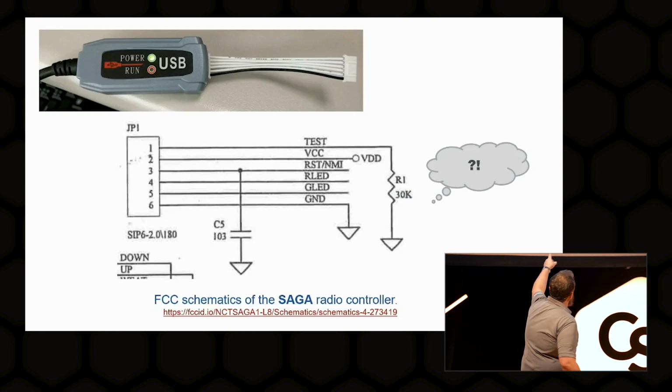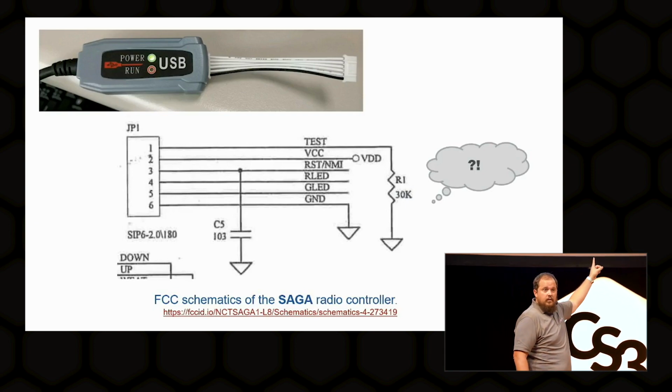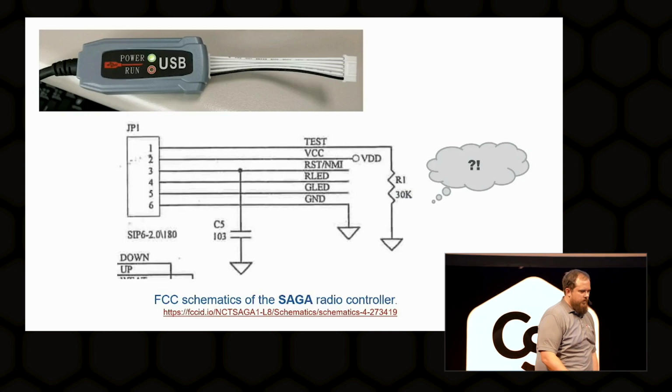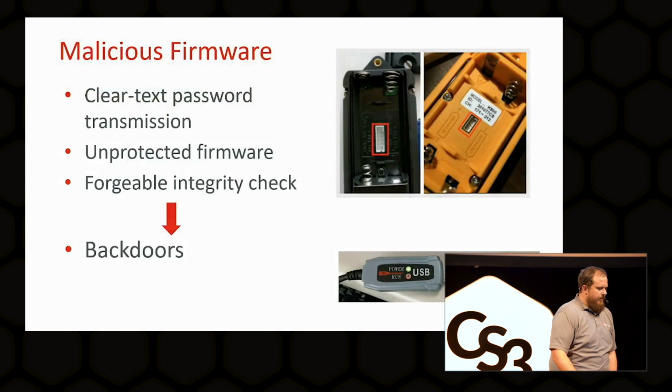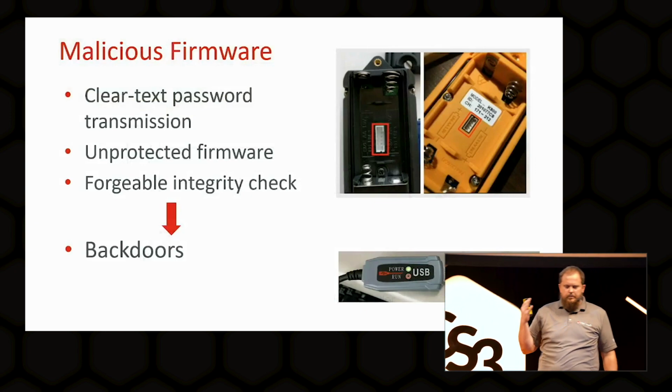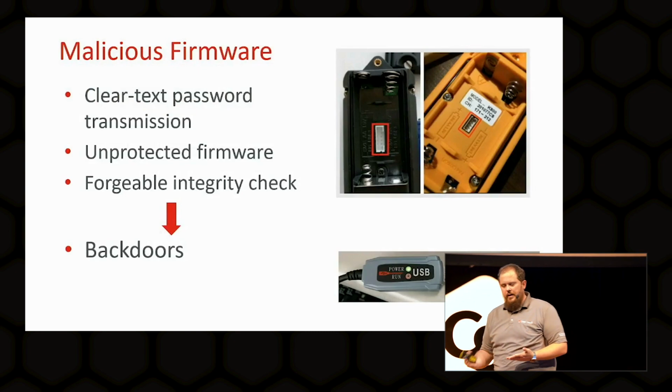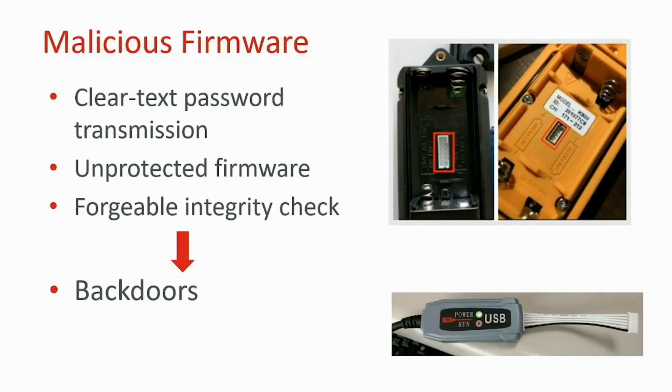Does anyone know what that is? So it's JTAG. Malicious firmware. So in essence, what we were able to do is pull clear text passwords from transmission. We had unprotected firmware, and there are forgeable integrity checks with backdoors.